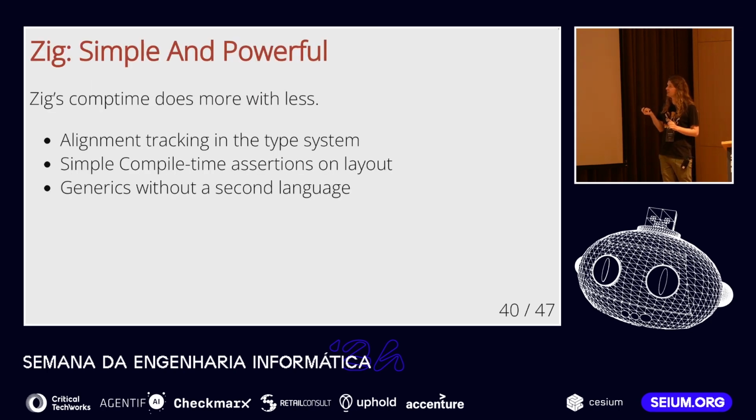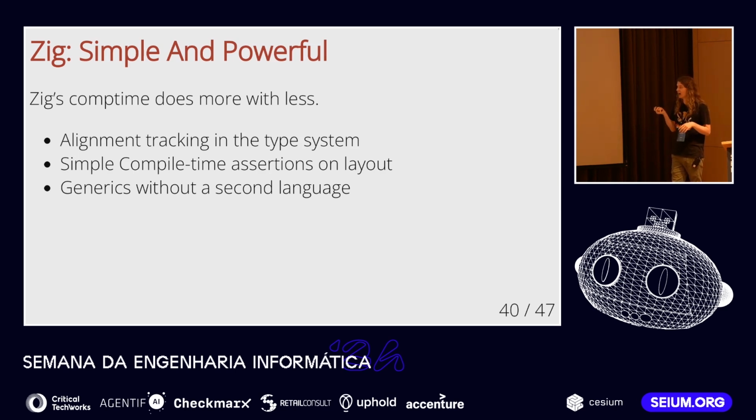And this is the big reason why TigerBeetle uses Zig. Because Zig is a simple language, not in the sense that it doesn't allow you to do complex things. No, it is simple in the sense that with a minimal language, you still get all the expressivity to write your crazy performant system software with all kinds of optimizations. And in some sense, you actually get more expressivity than Rust allows you.